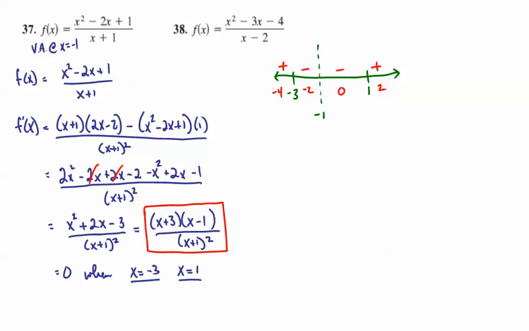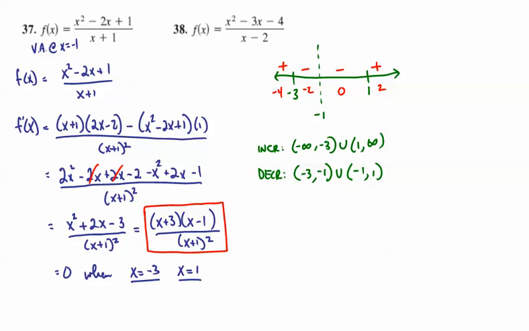Let's do our analysis. The function increases from -infinity to -3, and from 1 to infinity. It decreases from -3 to -1, and then again from -1 to positive 1.